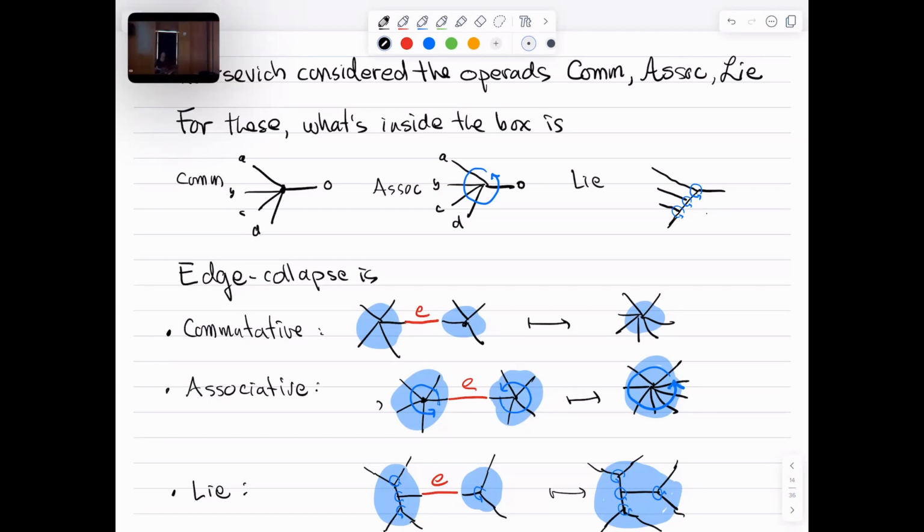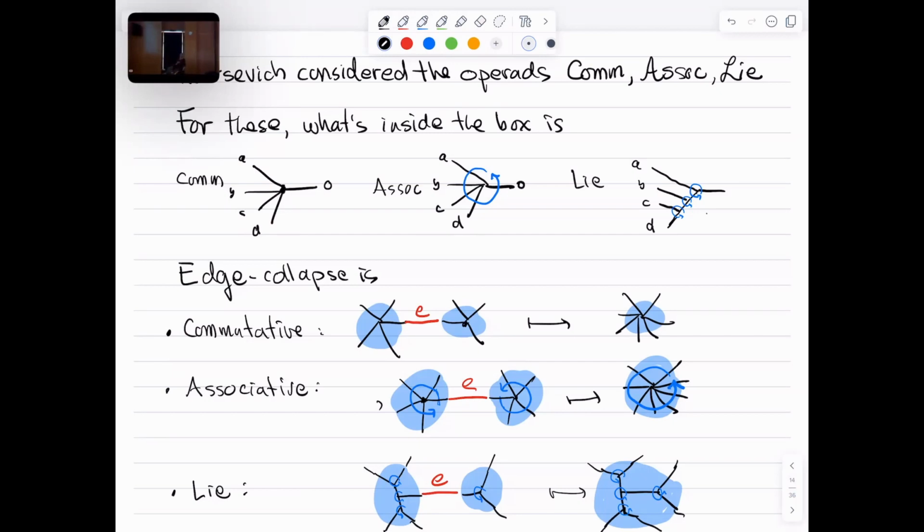And then there's the Lie operad. What goes in the black box is a trivalent planar tree. The fact that it's a planar tree is indicated by putting little circles around these things. Okay, and if I put things in the input slots, then yeah, it's no longer associative.